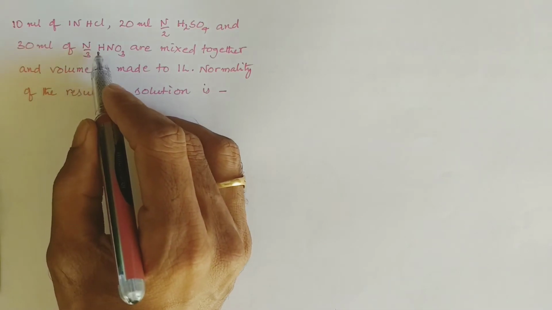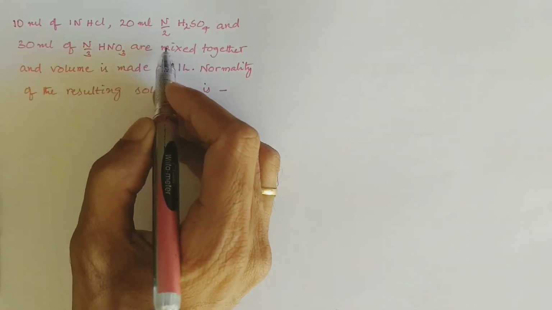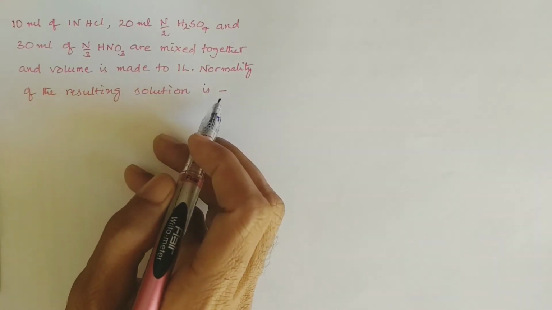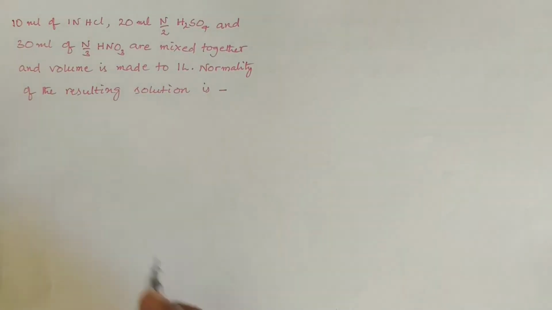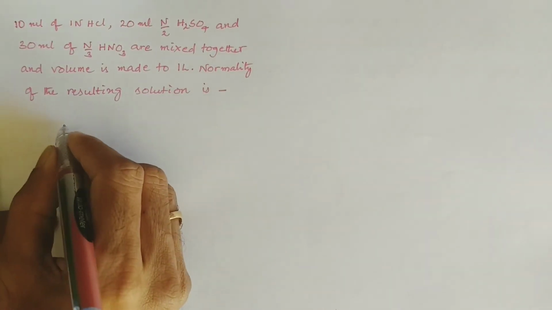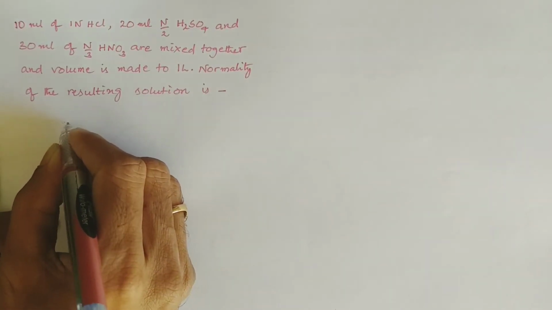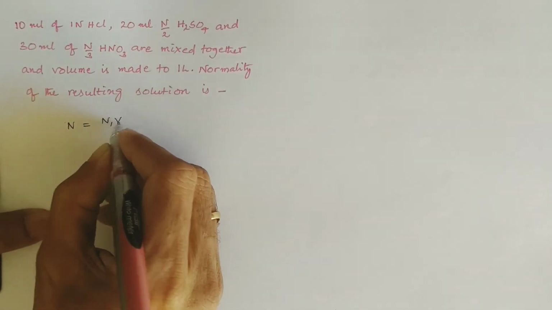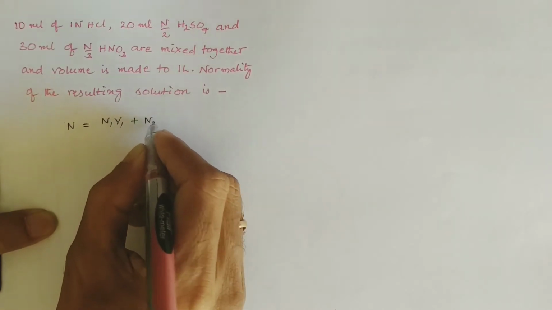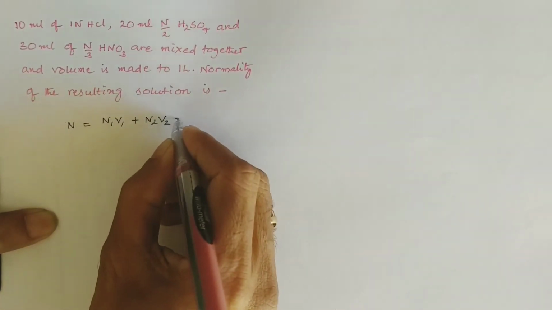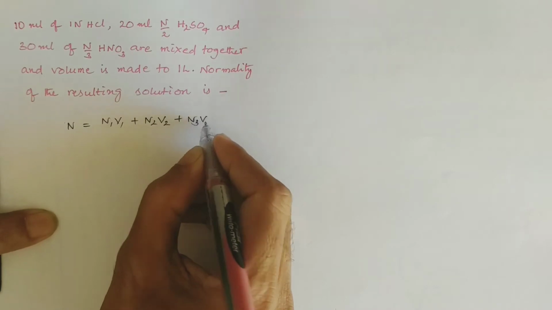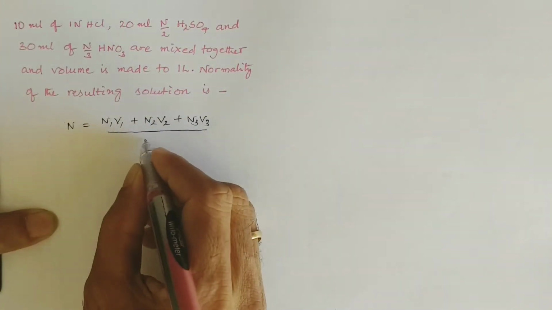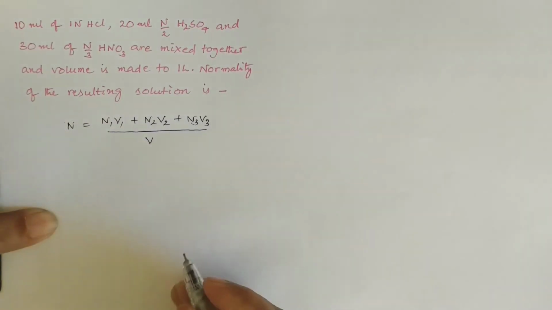30 milliliters of N by 3 HNO3 are mixed together, and the volume is made to 1 liter. The normality of the resulting solution is, okay, the normality of the resulting solution can be calculated by using this formula. N is equal to N1V1 plus N2V2 plus N3V3 divided by total volume, right?